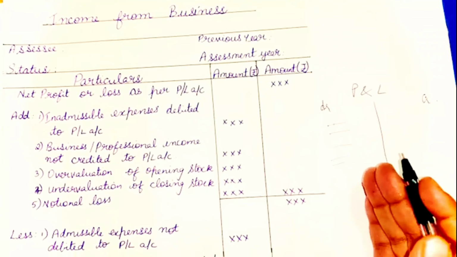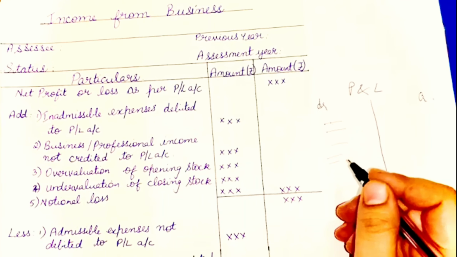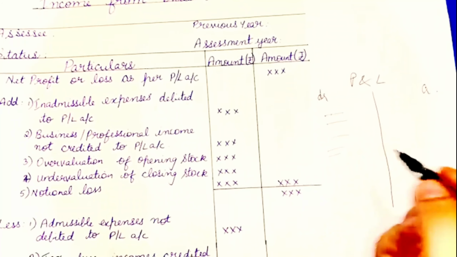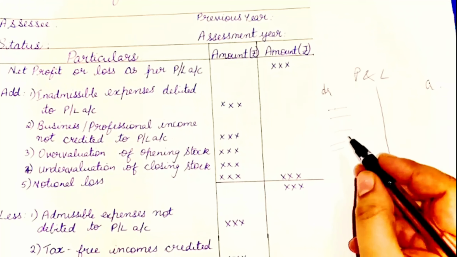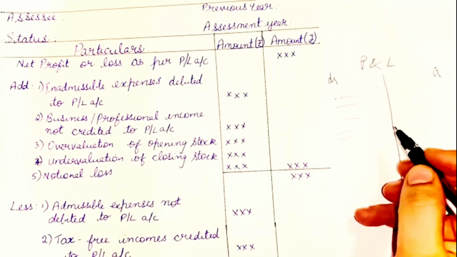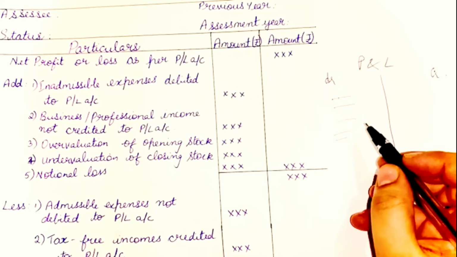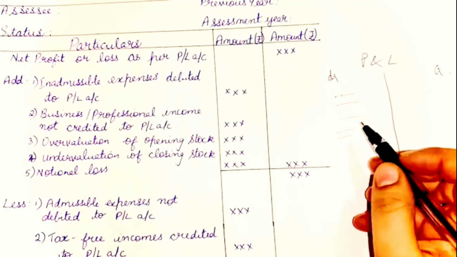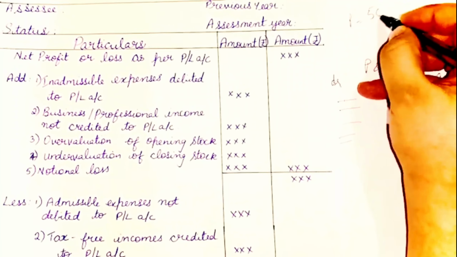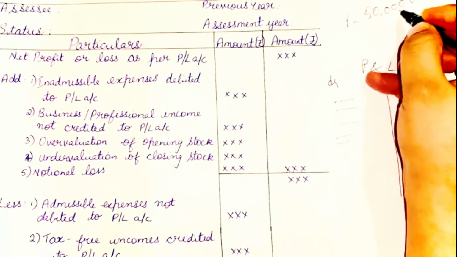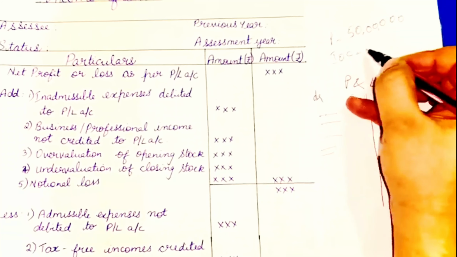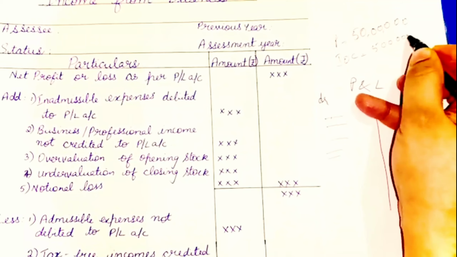Then family planning expenses, fines, penalties, interest on own capital, that is also called as an inadmissible expense. Now, the reason why interest on owned capital is also called as inadmissible expenses, supposing I'm an entrepreneur and I'm starting a business, and I've invested 10 lakh rupees. Can I claim in the expenses that I've paid interest on the owned capital of 10 lakh rupees? No, right? I'm showing this as a fictitious expense. Fictitious means an imaginary expense, because what happens, supposing my profit is around 50 lakhs, and in that if I tell that I have interest on owned capital of around 5 lakhs, and this is my own capital.